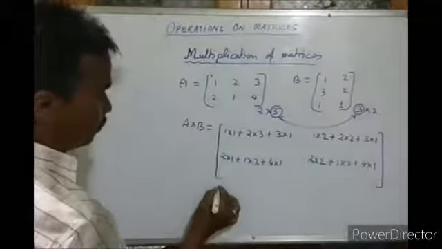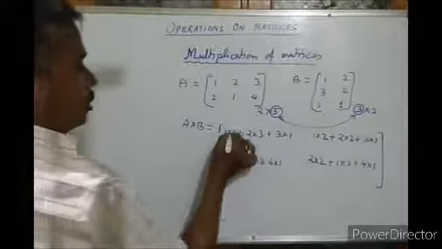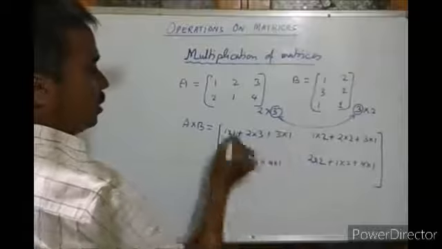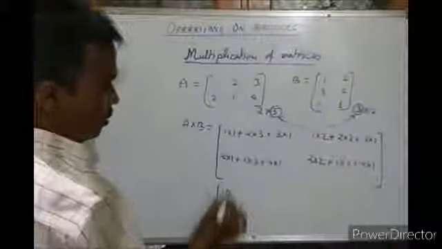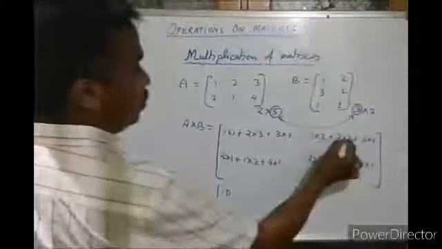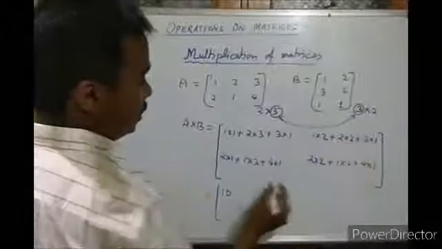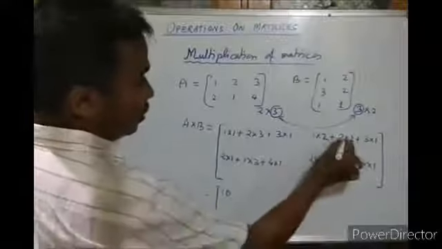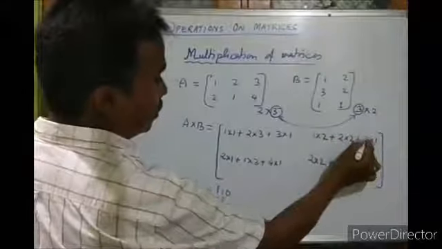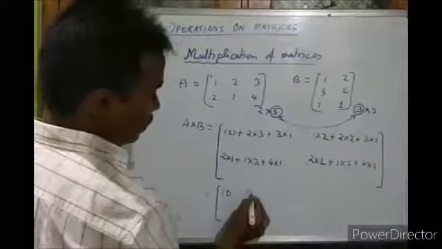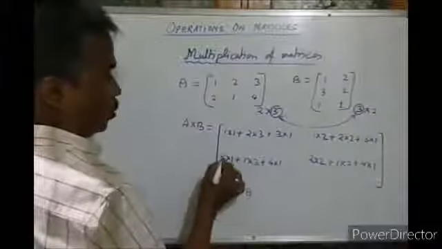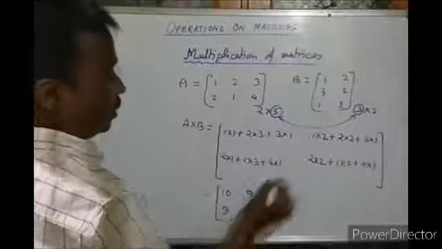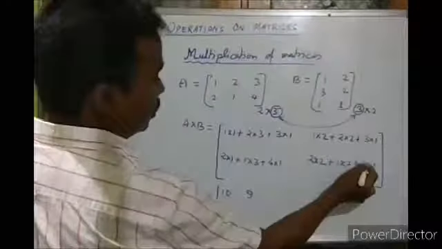That's equal to 1 into 1 is 1 plus 2 into 3 is 6, 6 plus 3 is 9, 9 plus 1 is 10. Then 2, 6, 6 plus 3, 9. Then 4, 3, 4 plus 3 is 7, 8, 9. Then 2, 3, 5 plus 4, 9. And 4, 8, 10.